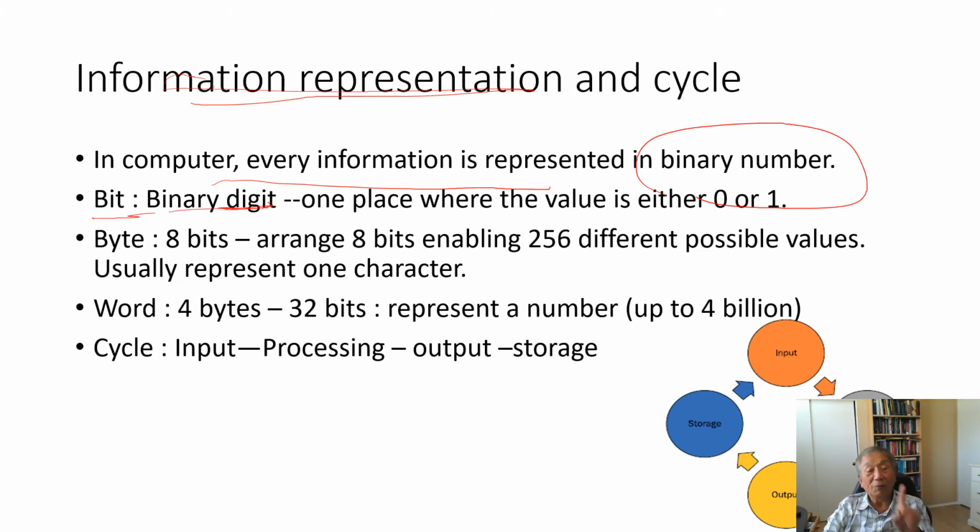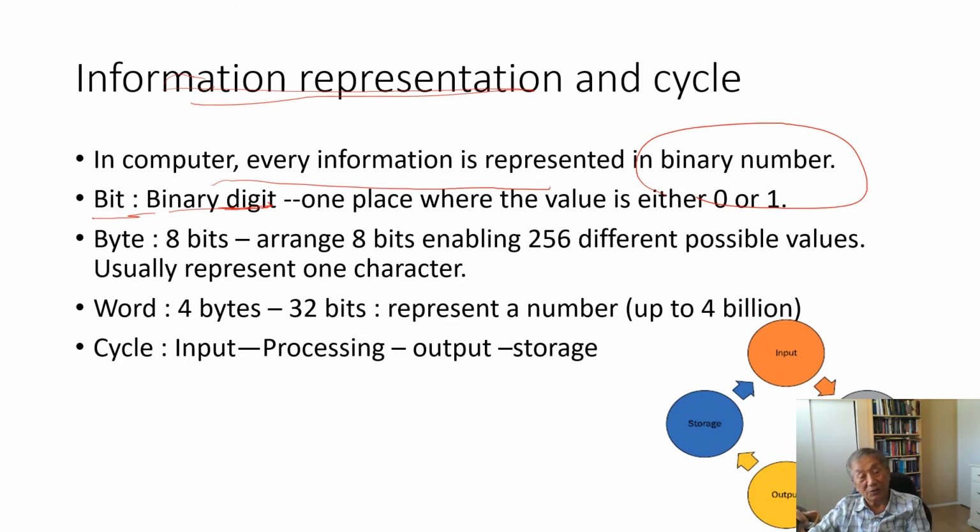One place where the value is either 0 or 1 gives only 2 choices. You put more of those bits together, and 8 of them become a byte. And then you put 4 of them, that becomes 32 bits, because each byte is 8 bits.